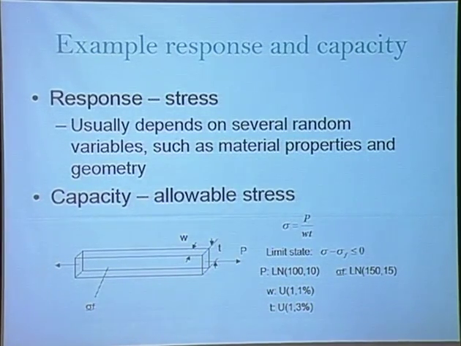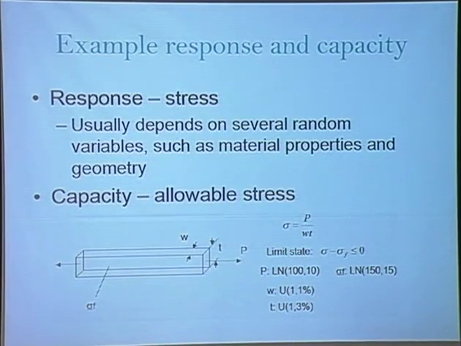So this is a structure that has been designed with a safety factor of 1.5, because if you take the nominal values, that is the mean values, then the failure stress would be 1.5 times the stress. An aeronautical application may have something like that.